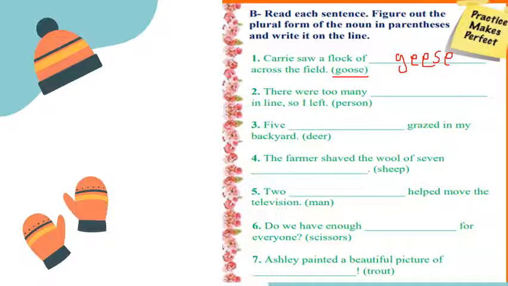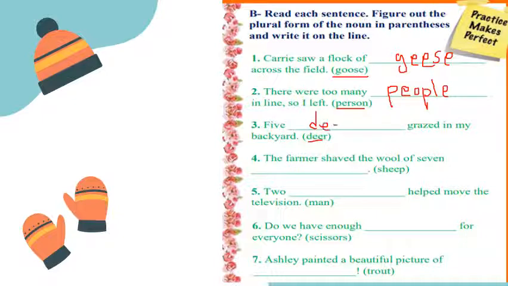Number 2. There were too many person in a line, so I left. Person, I have to change it to plural, so it becomes people. Too many people in the line, so I left. Number 3, five deer grazed in my backyard. Deer, it doesn't become deers, no, it stays the same.